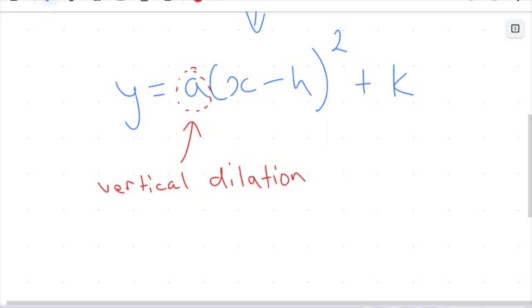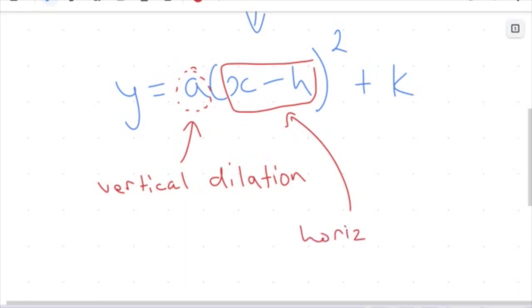Now this whole thing, the x minus h, I should say, this was our horizontal translation. So this would tell us whether this was shifted left or right.